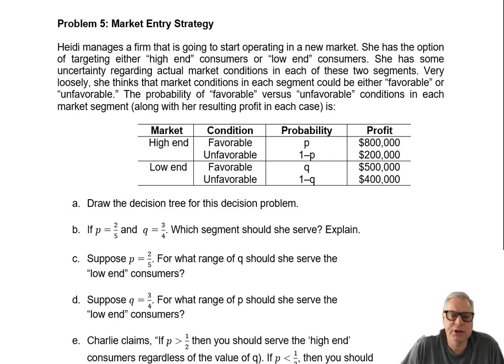Very loosely, she thinks that market conditions in each segment could be either favorable or unfavorable. The probability of favorable versus unfavorable conditions in each market segment, along with her resulting profit in each case, is given in this table. So A, draw the decision problem.